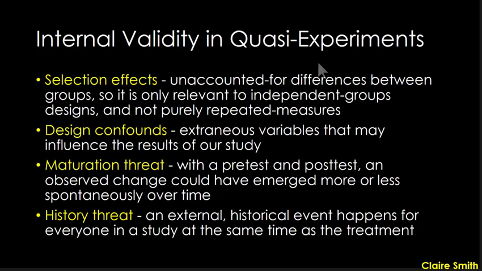So typically quasi experiments, because they're not actually manipulating the independent variable, you're not controlling for a lot of these different things. Quasi experiments typically do not have as great of internal validity as an actual experiment.